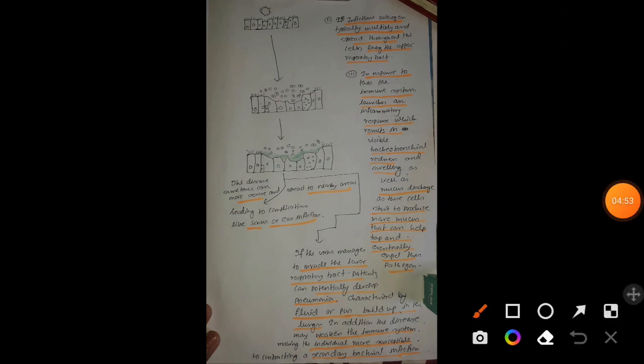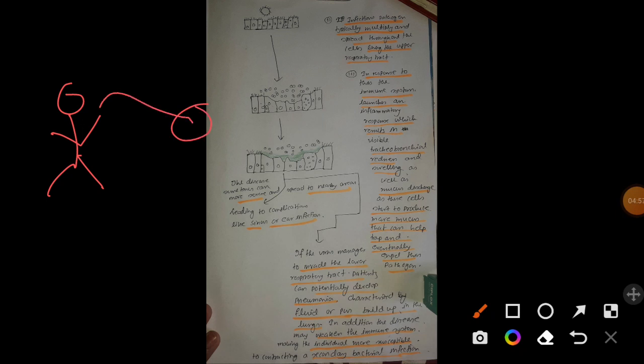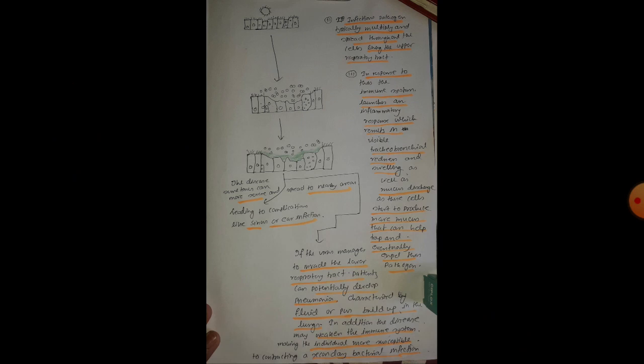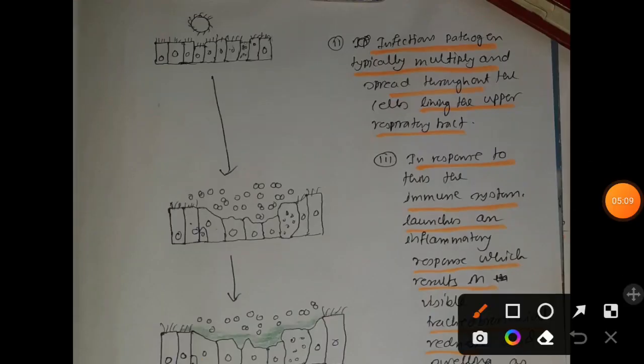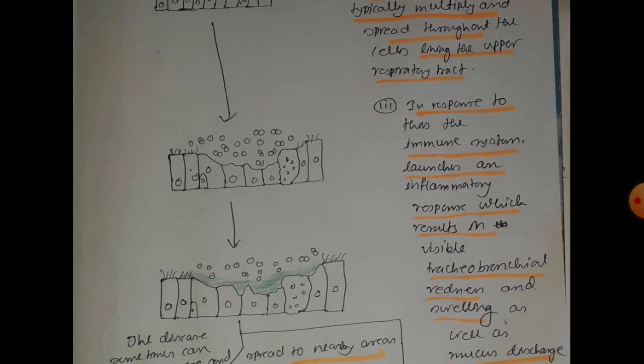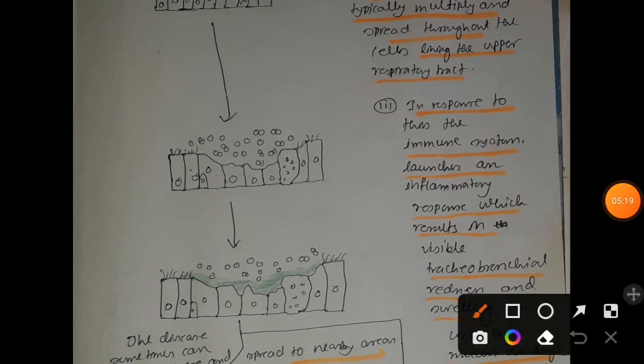So if we try to recap this, first of all, the person will inhale the virus. Now it will enter the upper respiratory tract of the person, and in the upper respiratory tract it multiplies and spreads throughout the cells lining the upper respiratory tract. Now the immune system becomes aware of the virus and starts launching an inflammatory response.